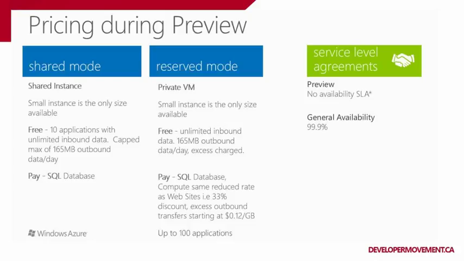If you look at what the shared mode brings to you, it gives you 10 applications with unlimited inbound data. So you can take in as much data as you want. If you put out more than 165 megabytes of outbound data per day, then you'd have to look at maybe moving that out to a reserved instance. So then that would be a paid instance that you then would pay a nominal fee for the data at that rate.